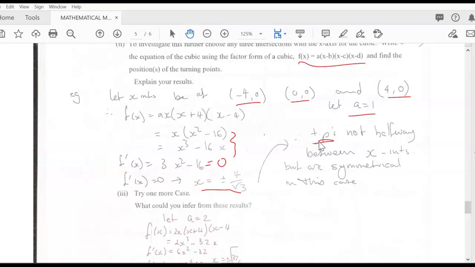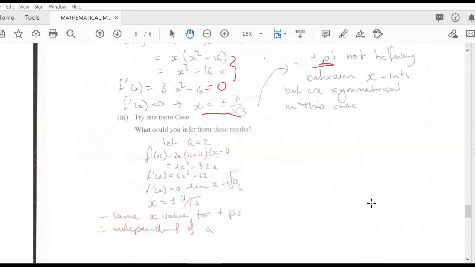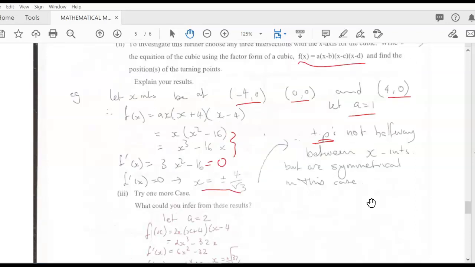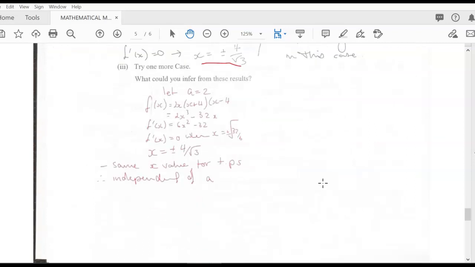All right, so I don't think they necessarily for a cubic have to be symmetrical. So try one more case. What could you infer from these results? If we let a equal 2, so before we let a equal 1, you can keep the same x-intercepts.